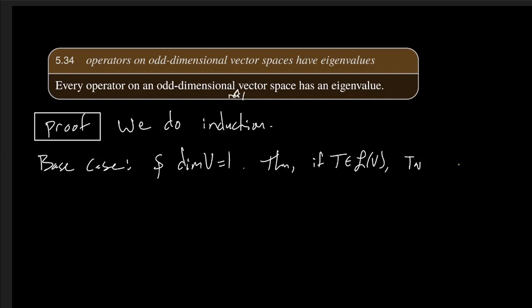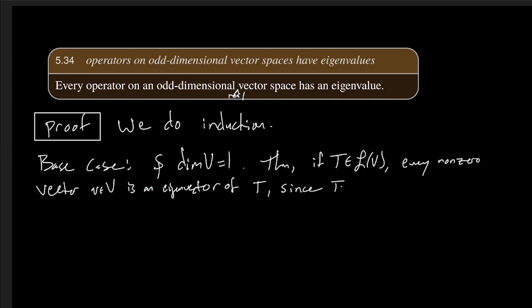I'll say even easier than saying it like this: if the dimension of V is 1, every non-zero vector v in V is an eigenvector of T, since Tv is equal to lambda v for some lambda in R.